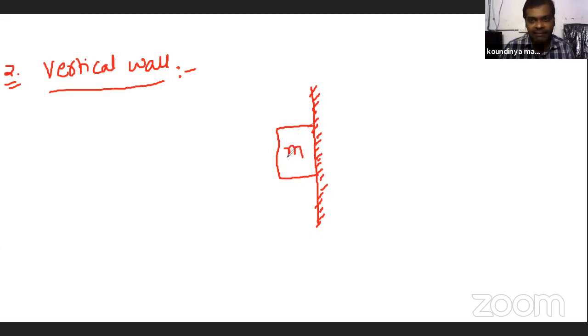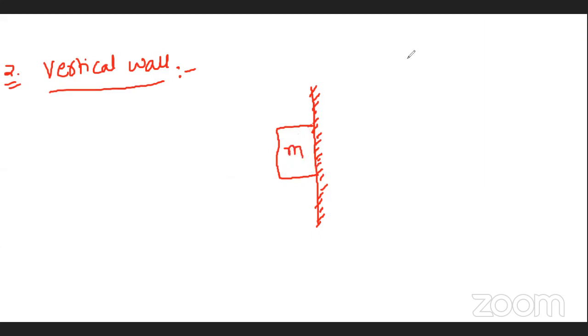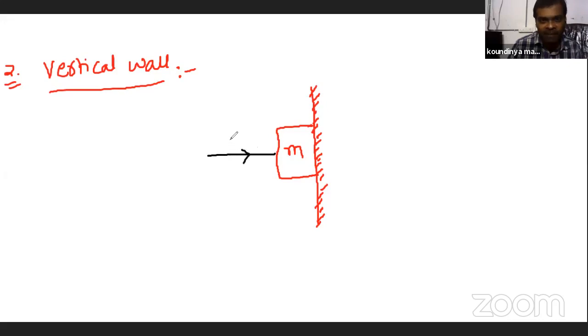While doing this, I apply a force towards the wall, and the weight acts from the center of the object vertically downwards. I am having the weight. Here the object is in contact with the surface.